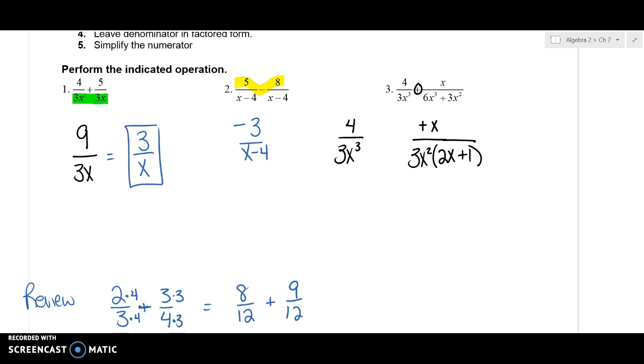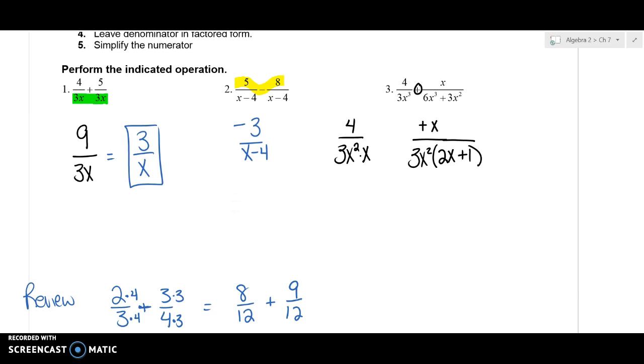It's very helpful when you do this in pencil because I notice that my second fraction has 3x squared. Could I rewrite 3x to the third so it kind of looks like 3x squared? 3x squared times x. I'm going to change this to 3x squared times x. That'll just help me see that I do have something in common in both of these denominators.